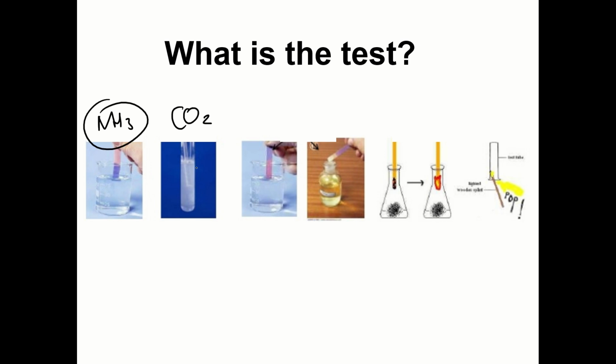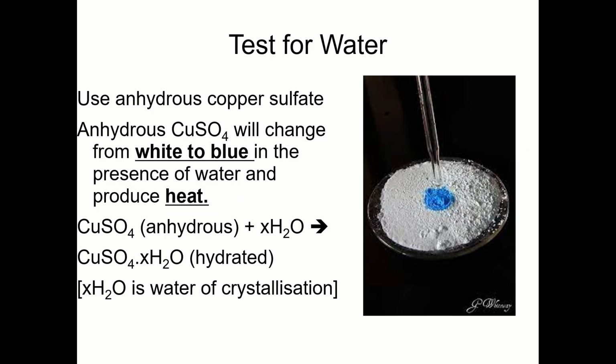This is, of course, carbon dioxide bubbling through lime water. This is where our pH paper is going red, or litmus paper is going red, and then it's going white. So that's chlorine gas. This is our relighting of our glowing splint. So that's oxygen. And this is, of course, the popping of our lit splint, which is, of course, hydrogen.